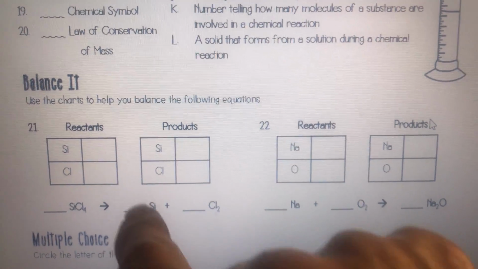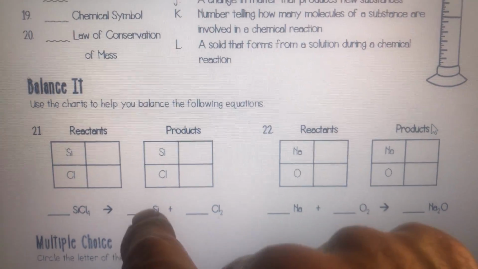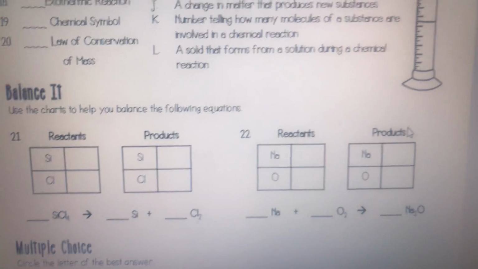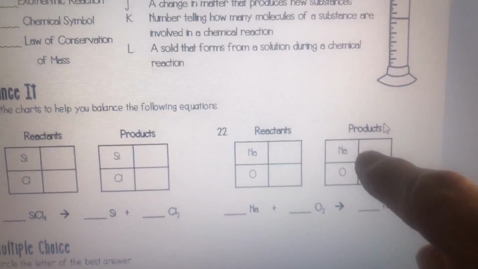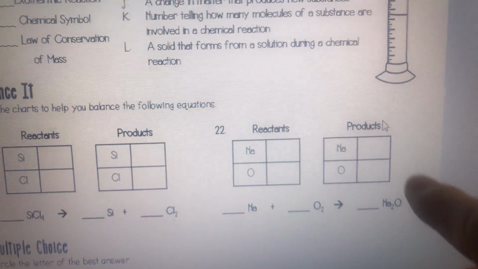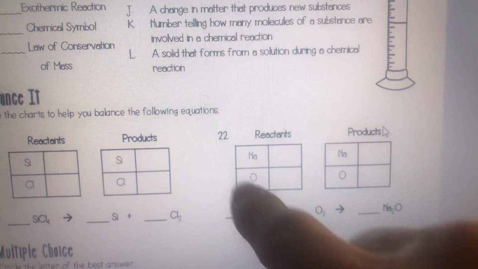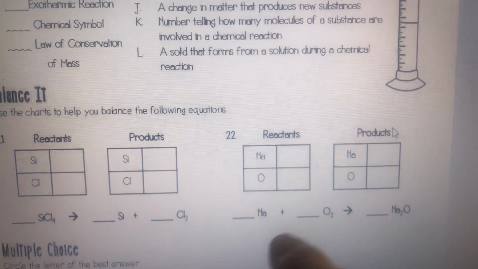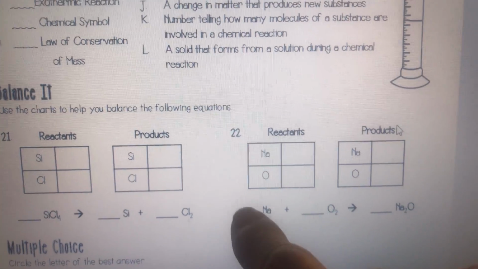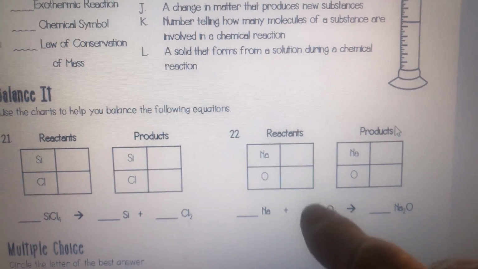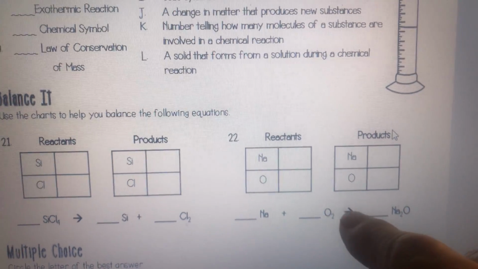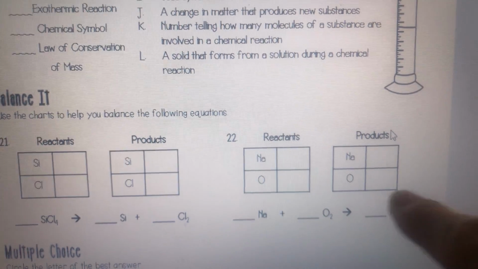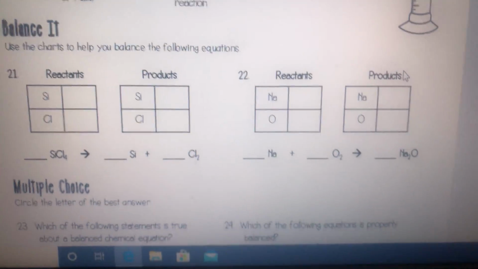Then Si, how many of those, and how many chlorines. Once again, here's another reactants to products. This is a good way to write these things out in a formula situation. You have coefficients here, and this sign is a yields, right? And how many of those would that be?